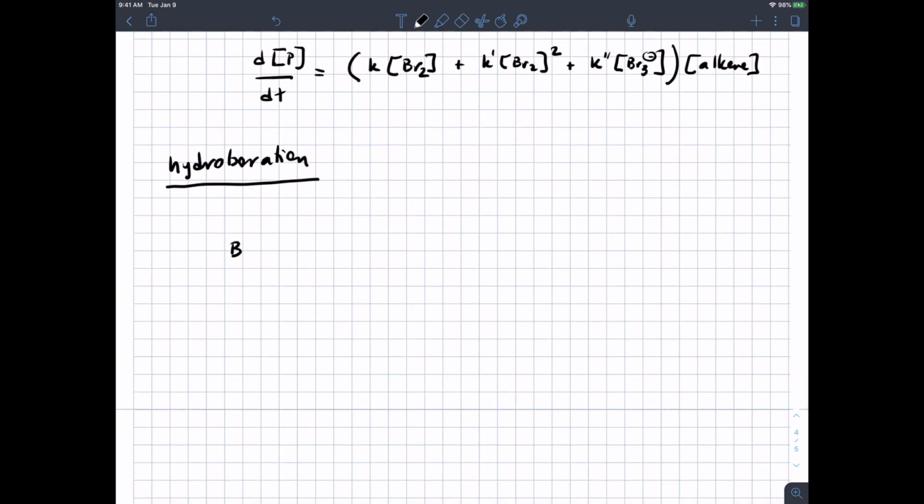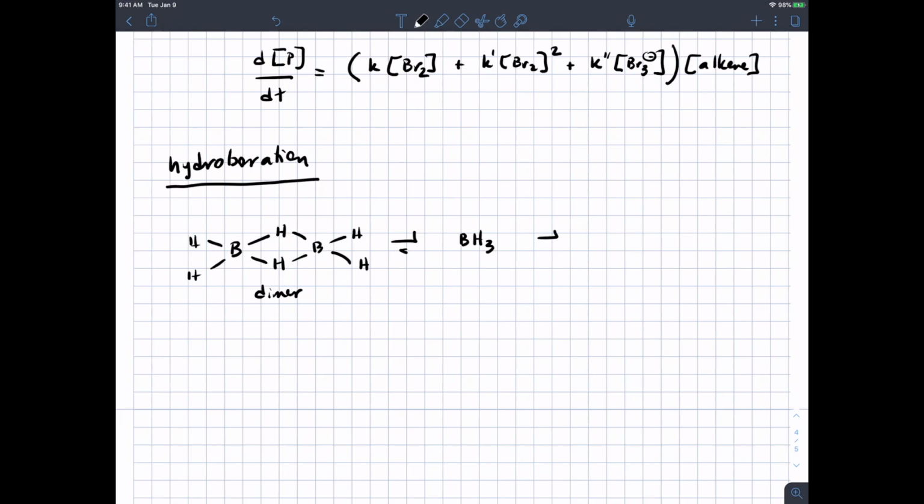There are a couple of things we should add as complicating details, and that is that BH3 exists predominantly as a dimer. We talked about this or looked at it maybe in chapter 14 where we were doing MO calculations. It can dissociate to form BH3 monomer.